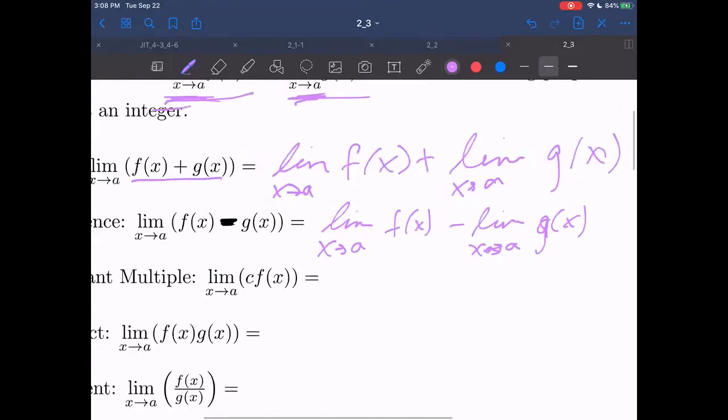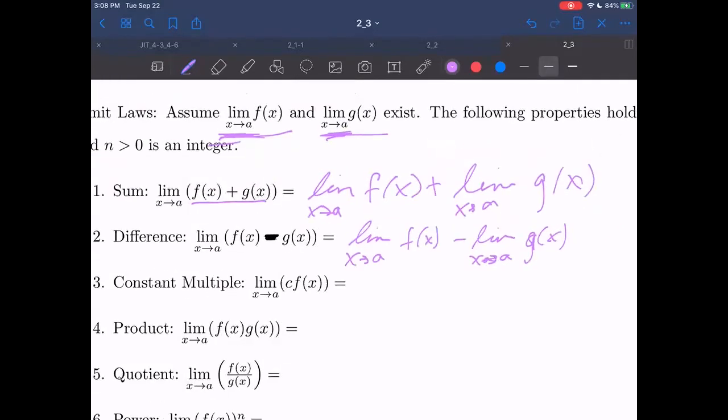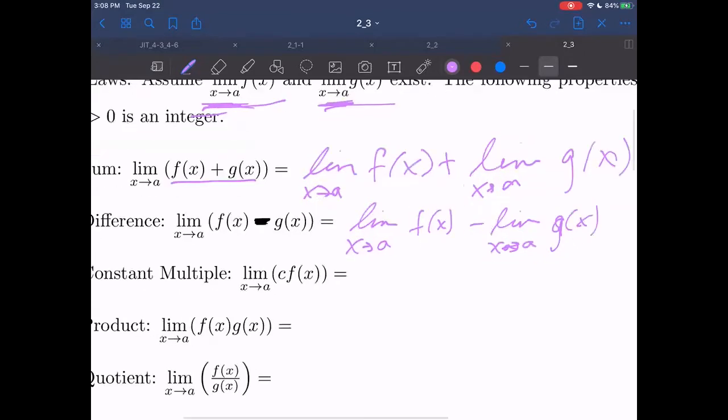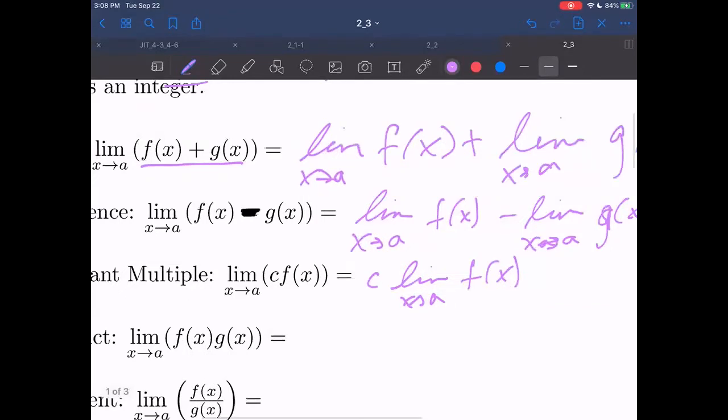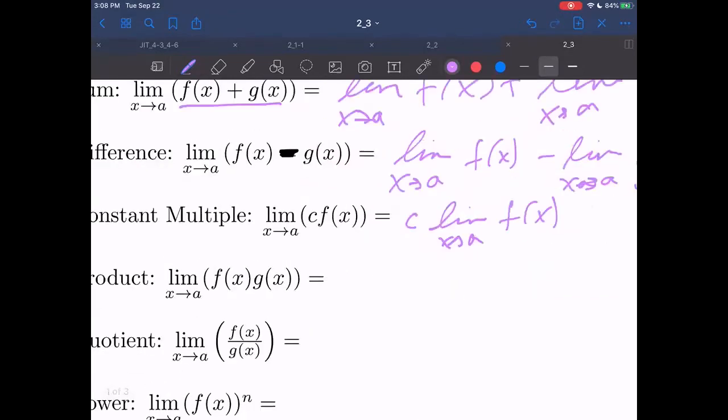Okay. If we've got a constant multiple, so c is just some constant number, we can pull that out to the front of the limit. So that's the same as c times the limit as x approaches a of f of x. If we've got a product of two functions, we can separate those, and so we could do the limit as x approaches a of f of x times the limit as x approaches a of g of x.